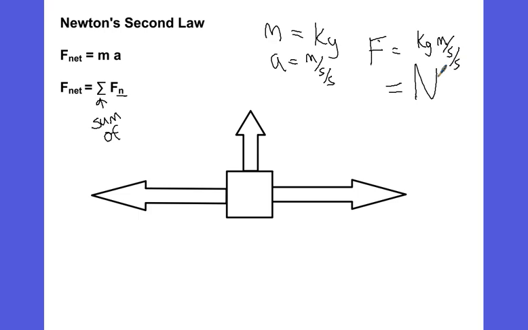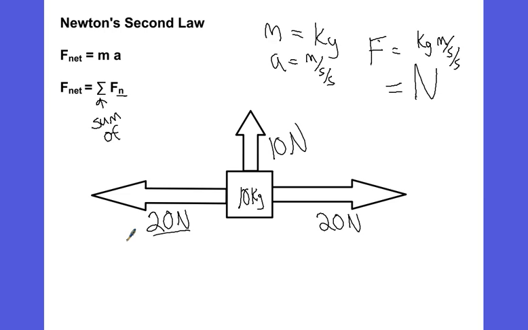Okay? So let's say this is a 10 kilogram object, and this force is 20 newtons, and this force is also 20 newtons, and we'll say this force is 10 newtons, and I want to know how much this object is accelerating. I would add up all these forces.